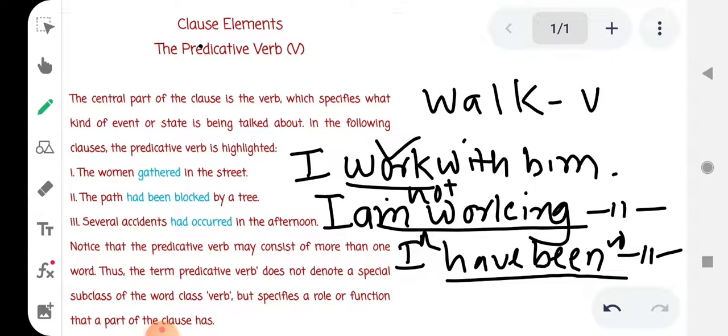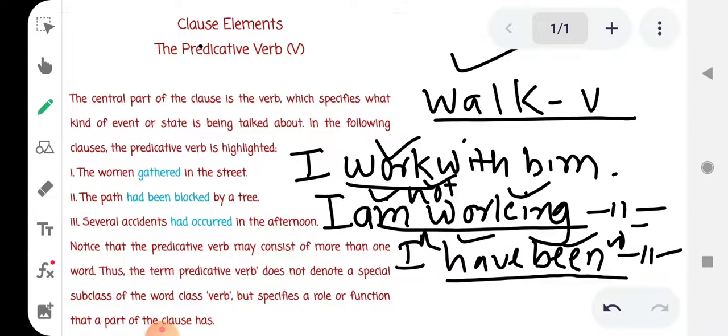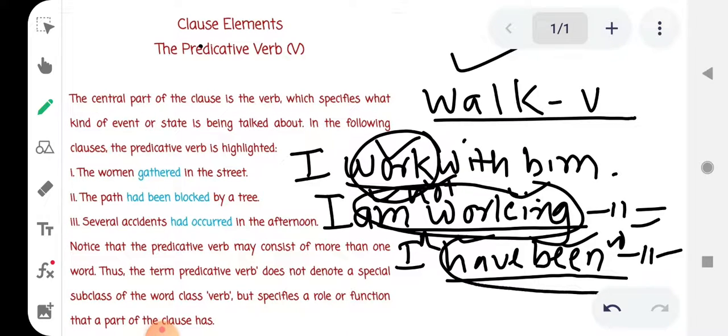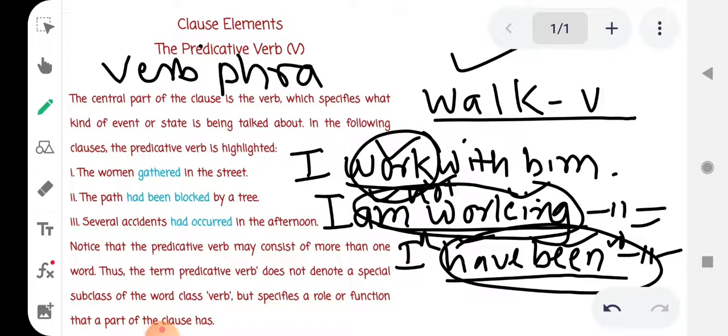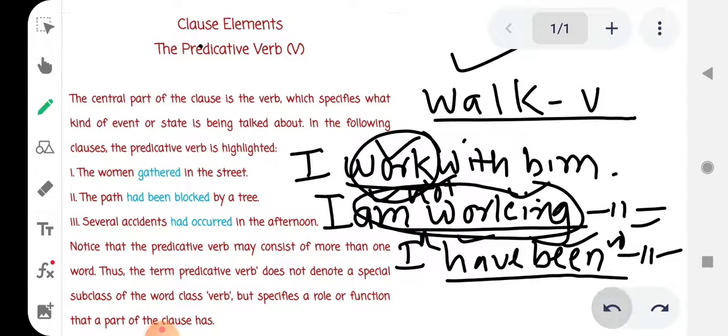So the number of words in a verb phrase: this is a single word, a single-word verb. But here the number of words is different. There is a variation. And this whole group is called a verb phrase. In a sentence, what is a verb phrase?